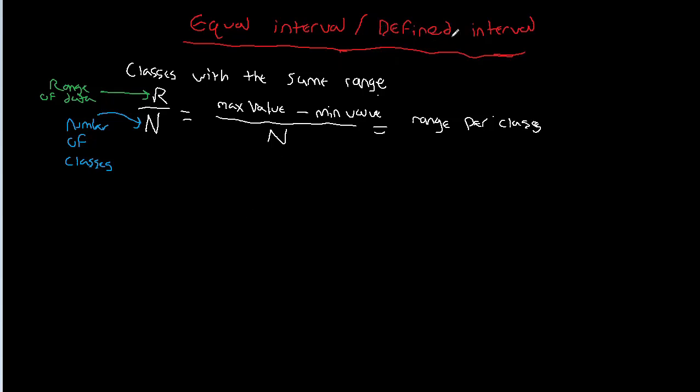With a defined interval, it's a little bit different. You define the interval, which I'm going to call little n, the lowercase n. This is an interval that you set.